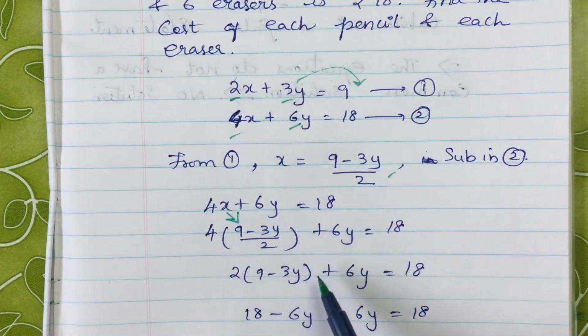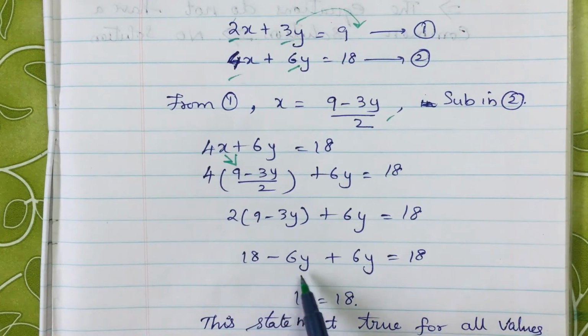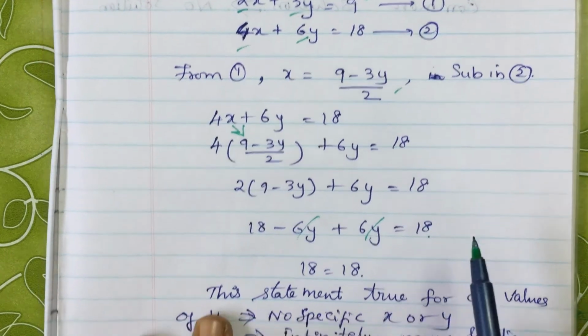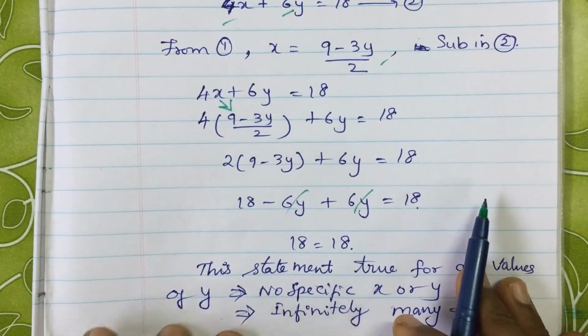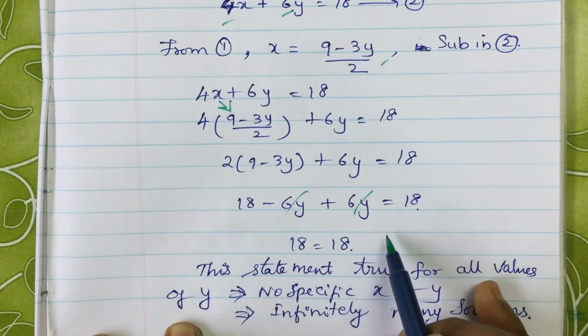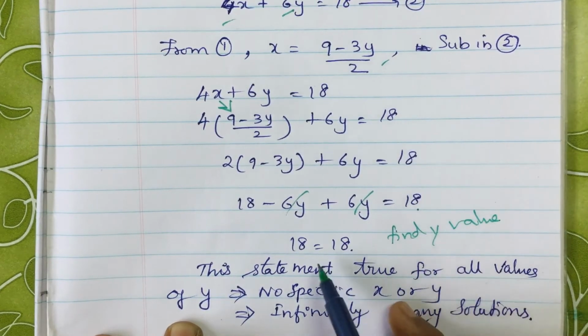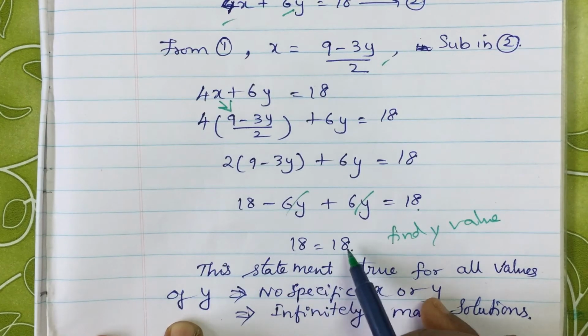Okay, so on simplification, this will get you 18 minus 6y plus 6y equal to 18. You can cancel out these terms. So finally you will be getting 18 equal to 18. So what you can interpret from this: since you are trying to find the y value, right, but you don't get any y value in this equation, you are getting 18 is equal to 18.